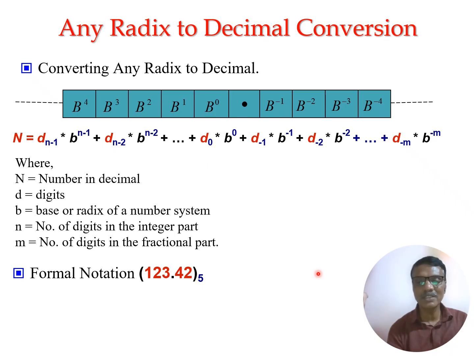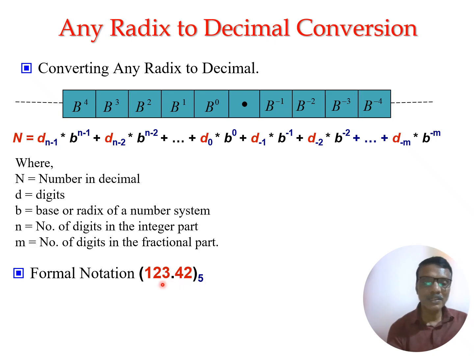How to convert from base 9 to decimal? Whatever the base value is, if the base value is 5, the numbers are within 0 to 4.